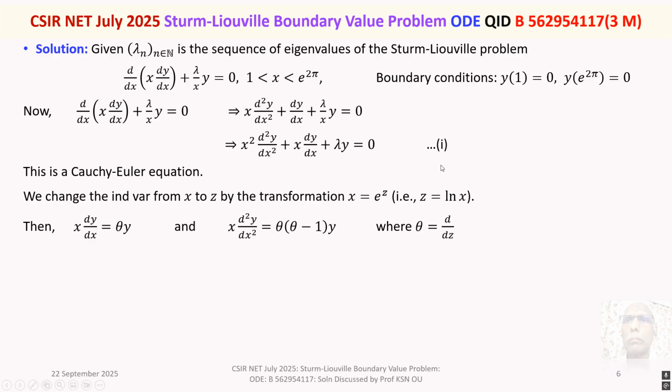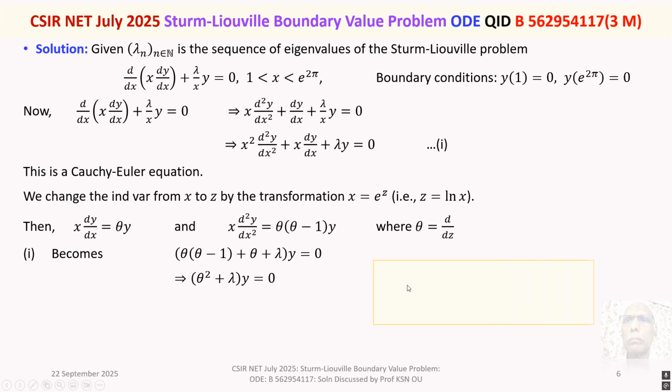Then equation 1 now becomes: x square d square by dx square is theta into theta minus 1, plus x d by dx is theta, plus lambda, operating on y is equal to 0. After simplification, we get theta square plus lambda, in brackets, operating on y is equal to 0. It is a second order homogeneous linear differential equation.